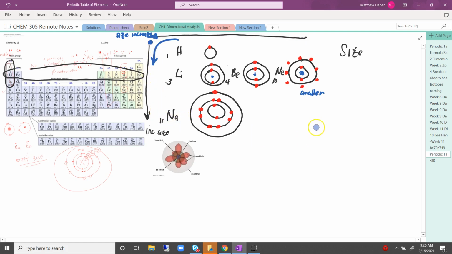So let's have some examples. So we have carbon, nitrogen, and say lithium. And I'm going to ask you to arrange them according to their size, to increasing size.